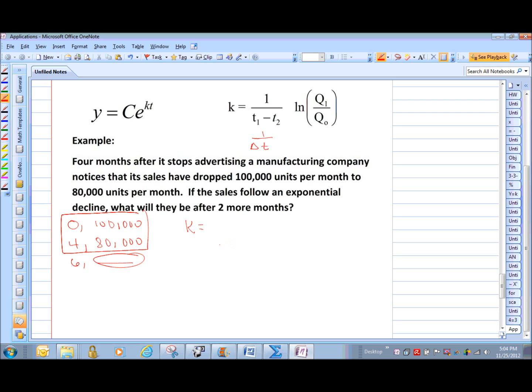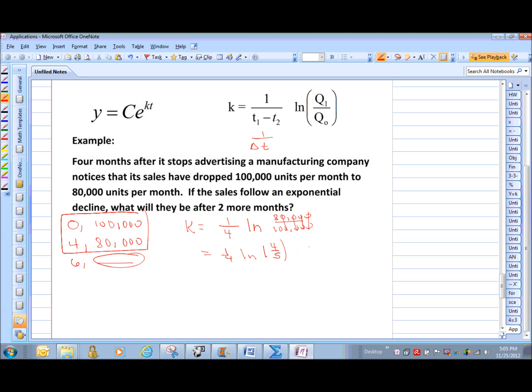So 1 over 4 minus 0, or 4, and then we would have ln of 80,000 over 100,000. Of course, all these zeros can go out. We have 8 over 10, which reduces to 4 over 5. So it equals 1/4 ln 4/5. And that's our K value.